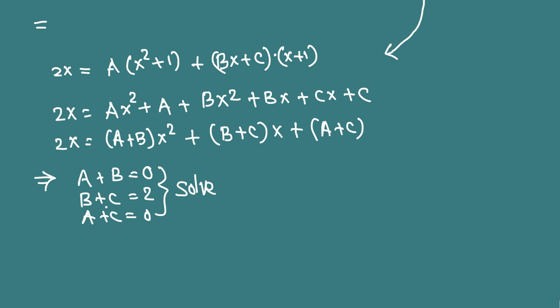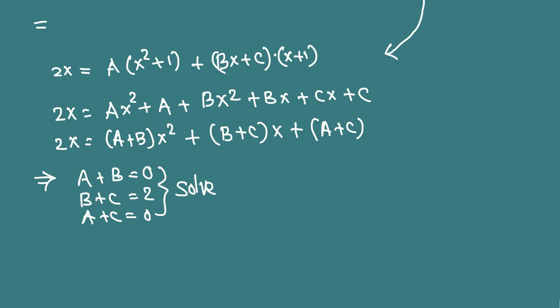Let's combine the first two and try to cancel b, then we'll have a relation with a and c, and we'll work on the third. You can subtract the second equation from the first, or you can always solve for a equals negative b and plug in there.